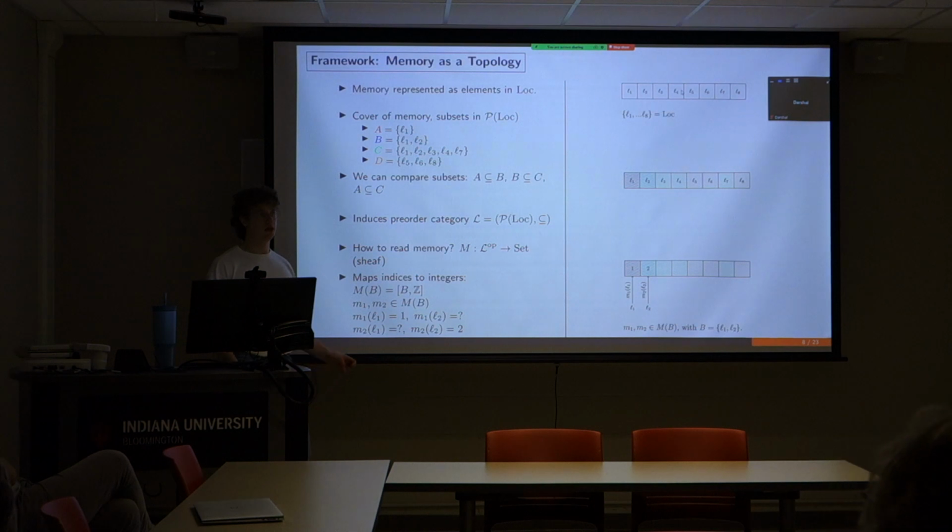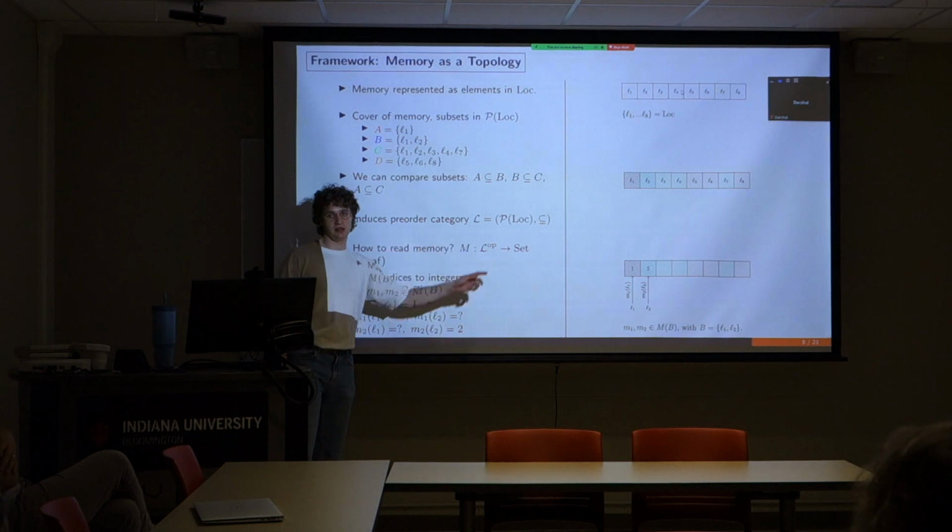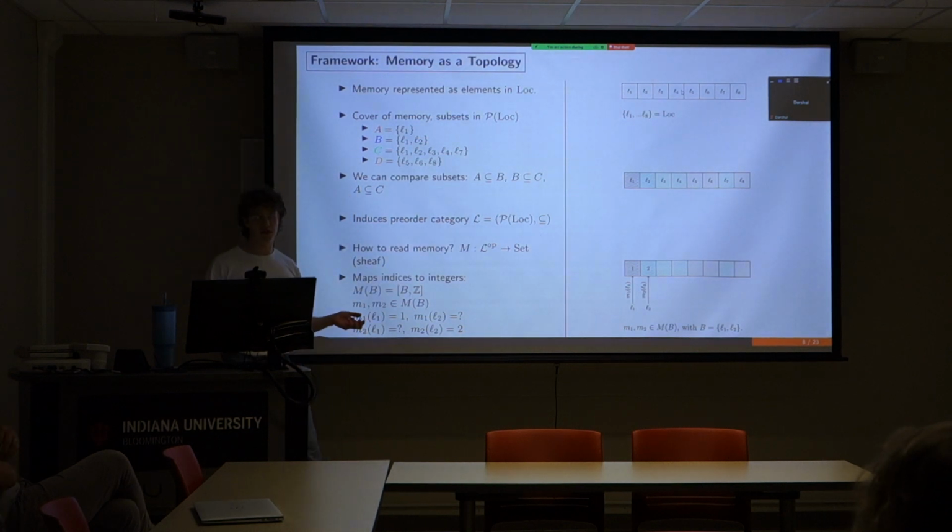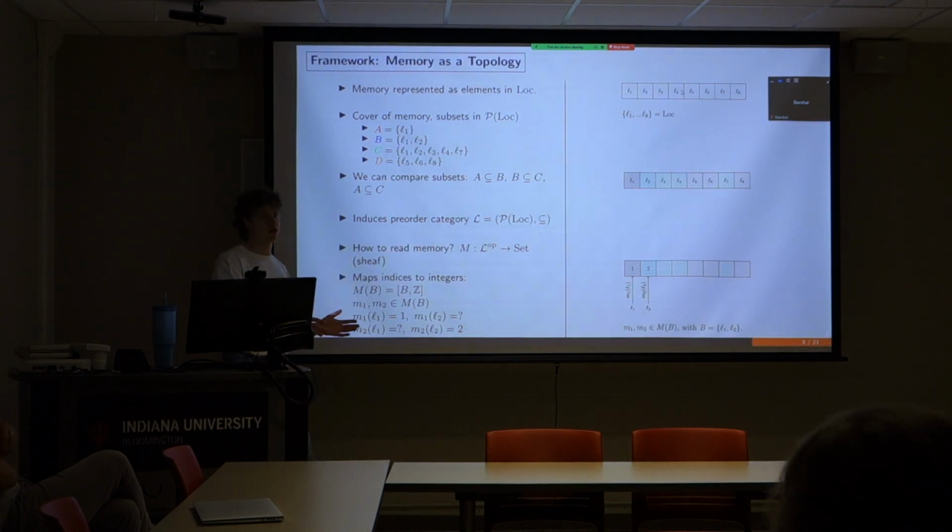So these inclusions, together with the objects that are subsets of the set of memory locations, induce a pre-order category. Elements of this are subsets of memory locations, and we have maps between them. Those are the inclusion morphisms.